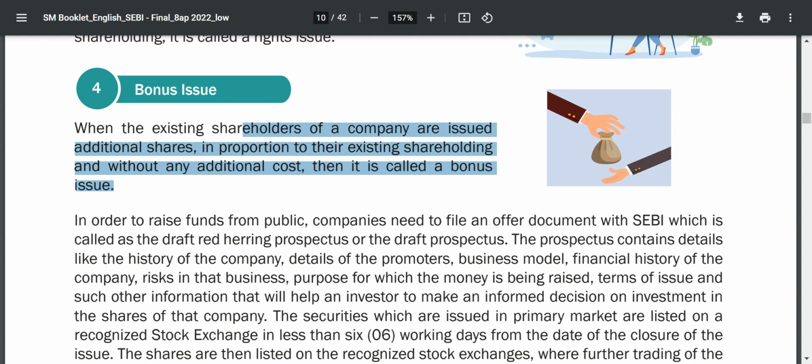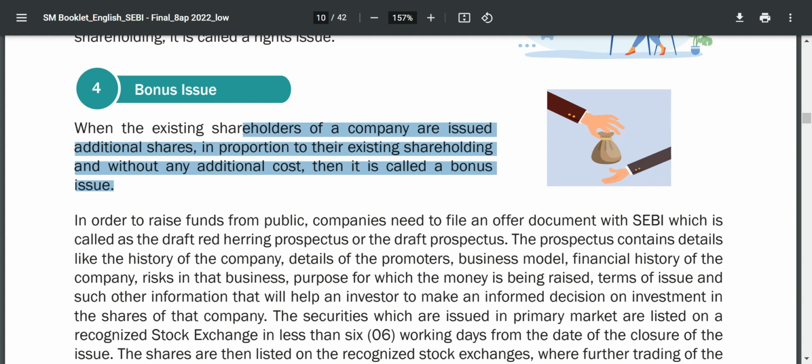Now the point is that if a company decides to give a 1 to 10 bonus, the company's market cap does not increase. The market cap remains at $100 million, only the number of shares increases and the per-share value decreases.